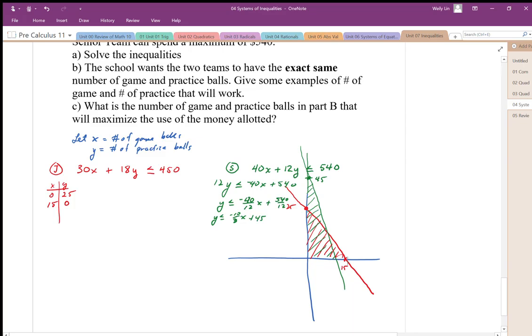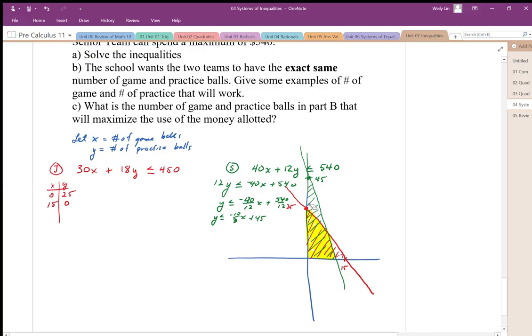The school wants the teams to have the exact same number of game and practice balls. Well, that involves every coordinate in this space. They have the same number of game and practice balls, and as long as they are underneath their respective lines, they are spending within their budget.